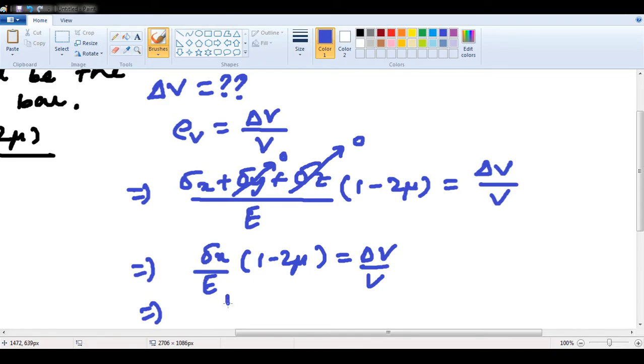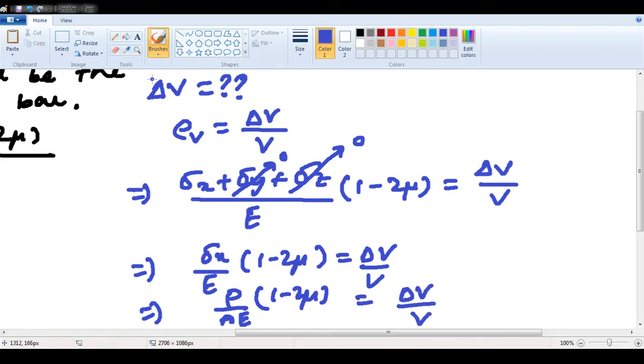So this is P by AE times (1 minus 2 mu), correct? We can write like this, is equal to delta V by V.